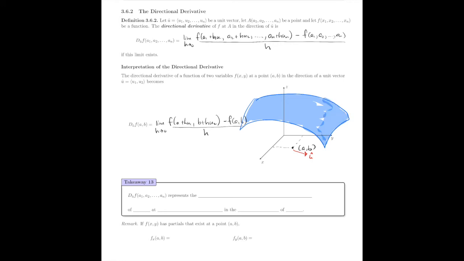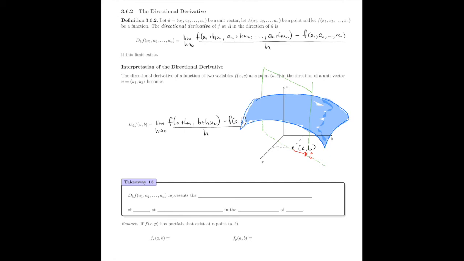But our plane is not going to be parallel to the coordinate axes. We're going to imagine that we're extending the direction of û, and our plane will be parallel to the z-axis and parallel to this direction of û.